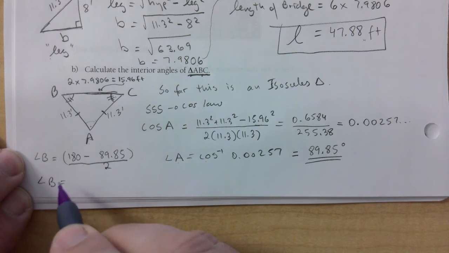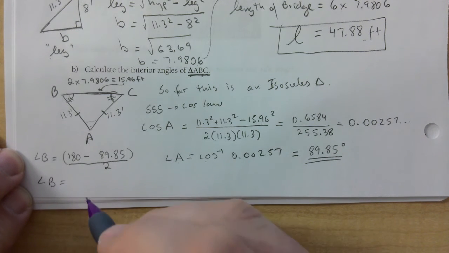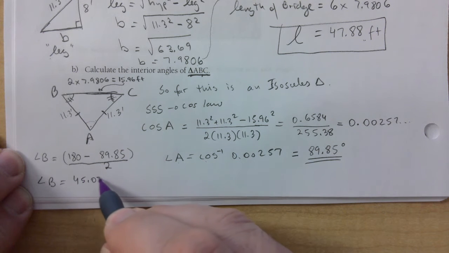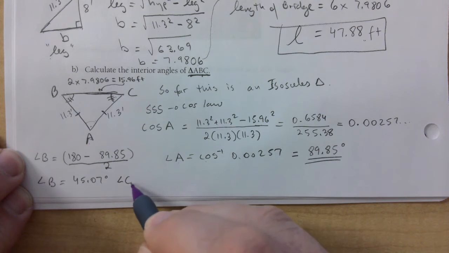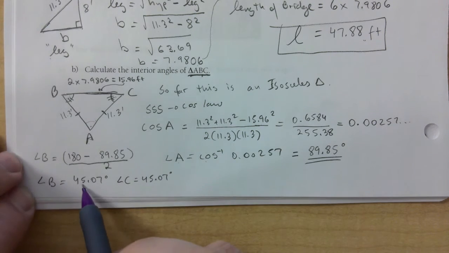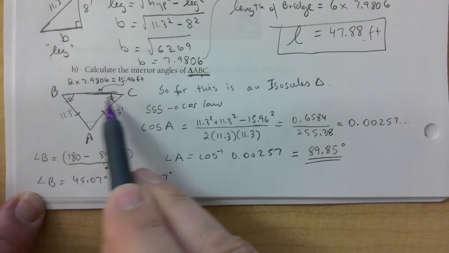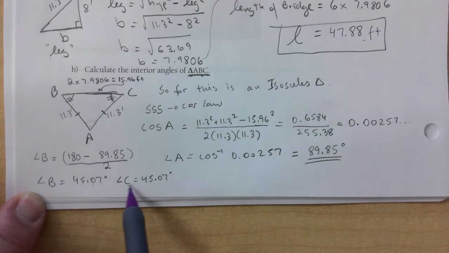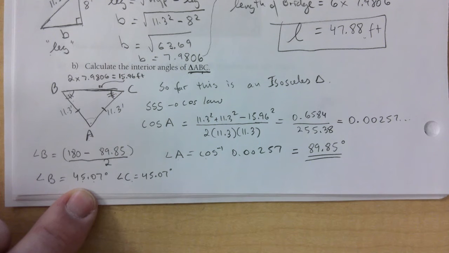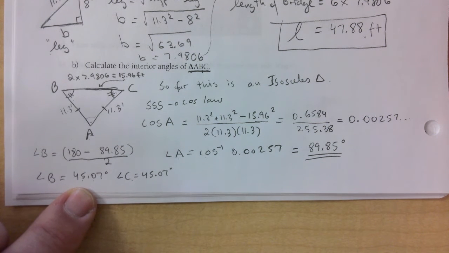So angle B is 45.07 degrees, and angle C is also going to be 45.07 degrees because these two angles will be the same. It's an isosceles triangle. It's just flipped upside down.